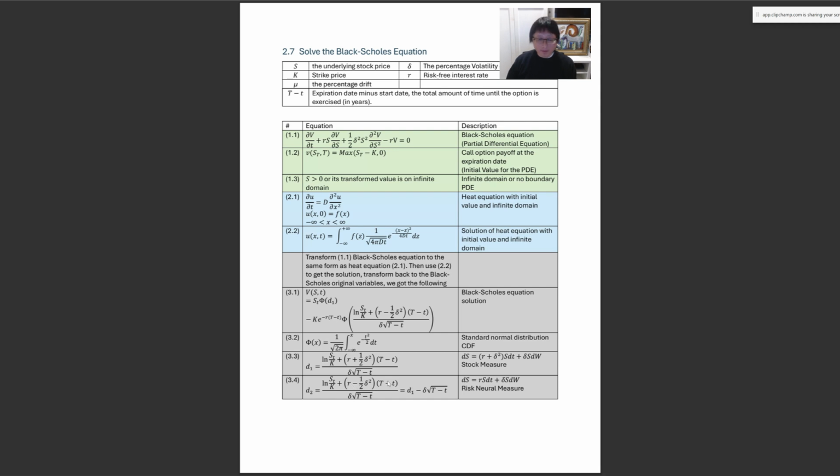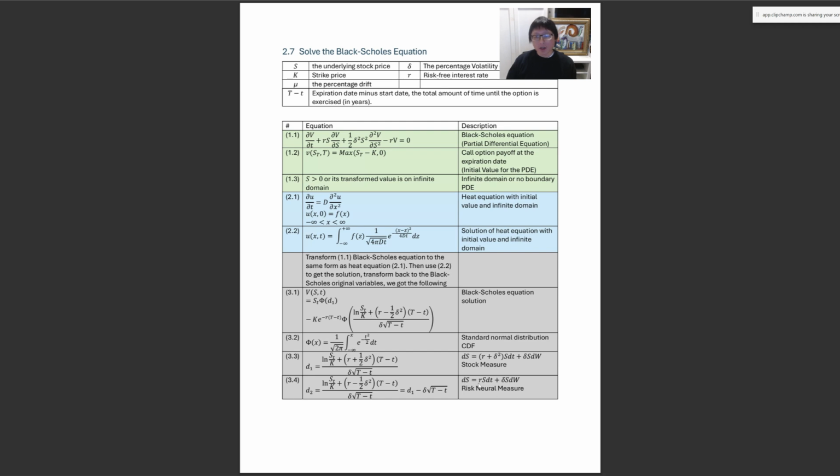The normal distribution will look like this, and if you think that way, you're right. So if you put D2 in this standard normal distribution CDF, it means, if we go with the risk neutral measure, the probability of the stock price being higher than the strike price.